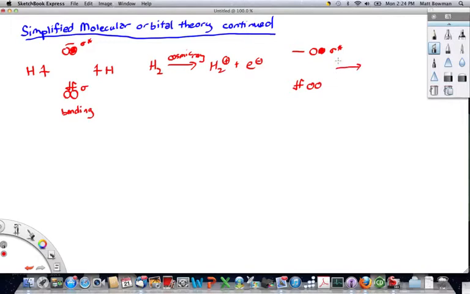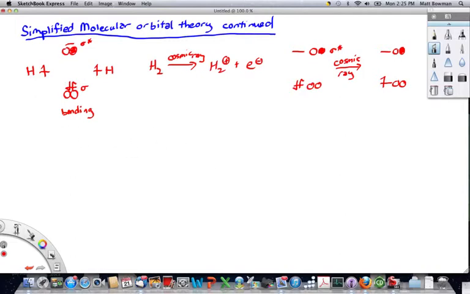When the cosmic ray hits, it takes one of those electrons and ejects it completely from the molecule. As a result, you only have a single electron left in the bonding orbital. You have just weakened the bond between these two atoms.